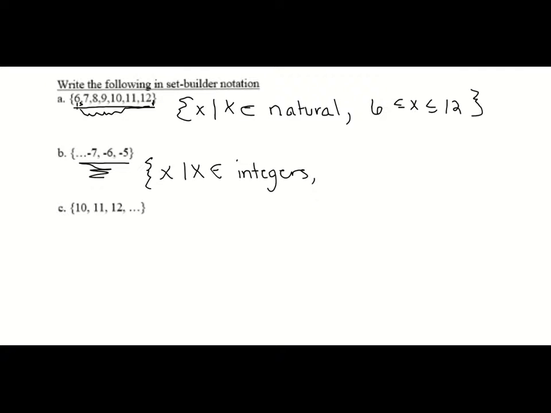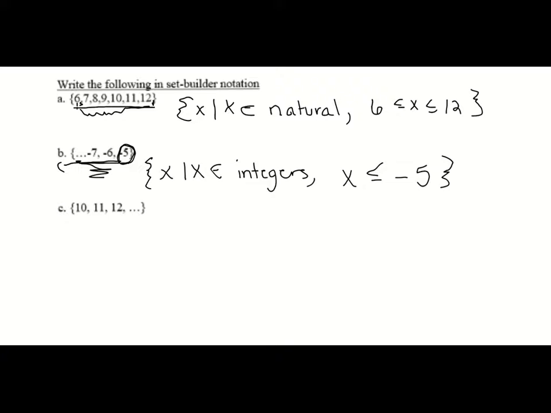And then for my inequality, because we have the 3 dots, we want to look for a stopping or a starting point. And this is actually going to be our stopping point because that's the highest it goes. So we're going to put our x first and then our -5. And because we're going down, x is going to be less than or equal to -5.